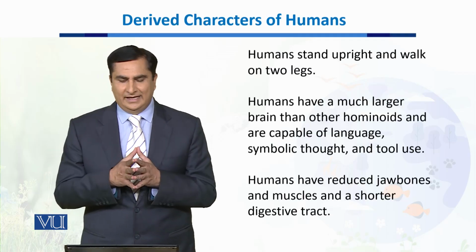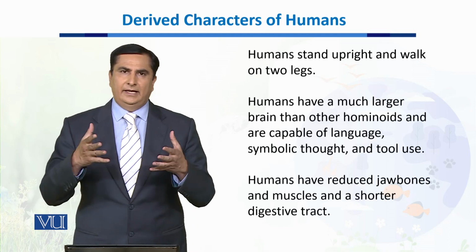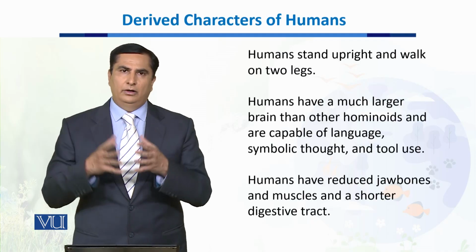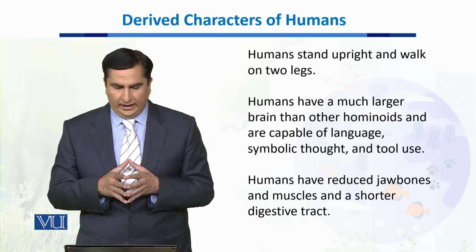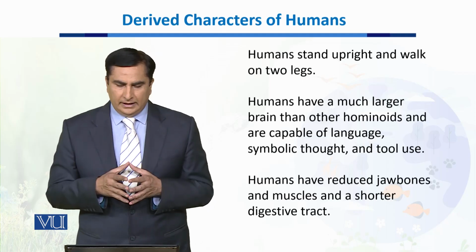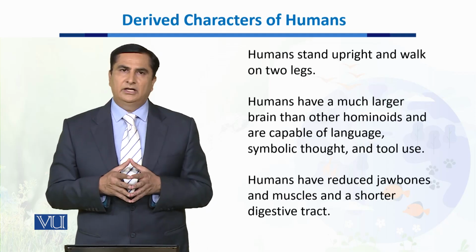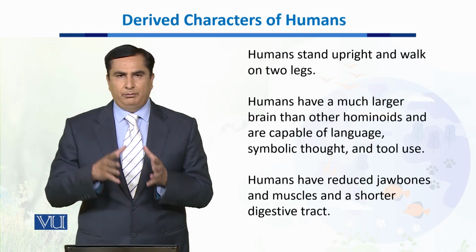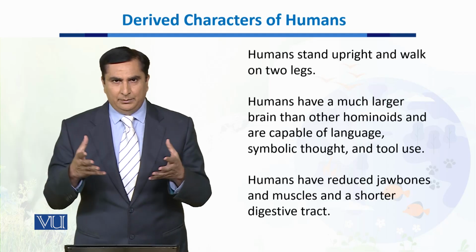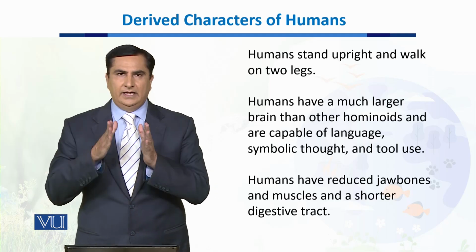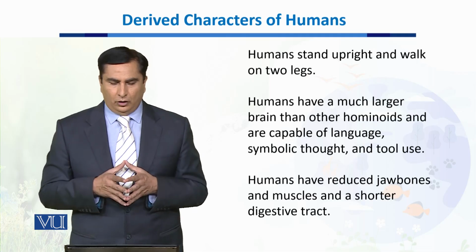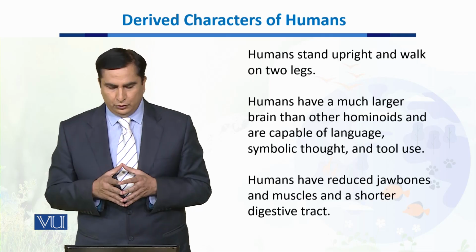The first thing was that humans stood upright and they started walking on two legs instead of four legs. Now, with the course of evolution, humans have developed much larger brains as compared to other hominoids or human-like apes or primates, and they are capable of language, symbolic thoughts, as well as use of tools.